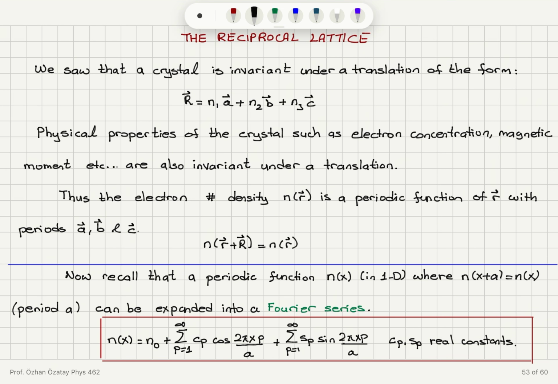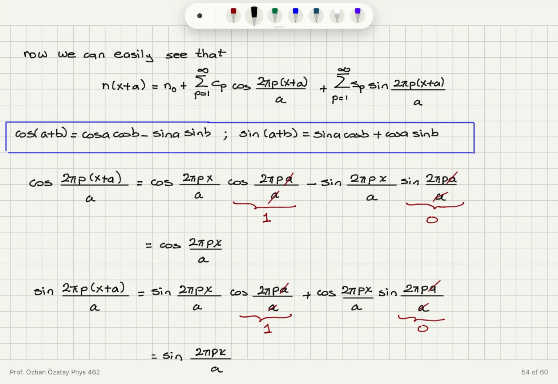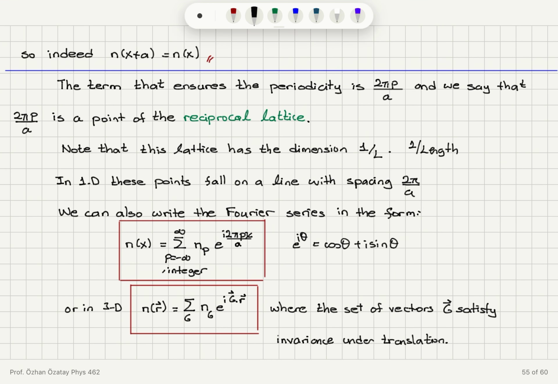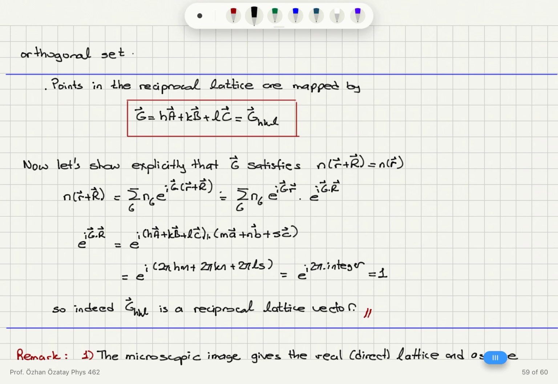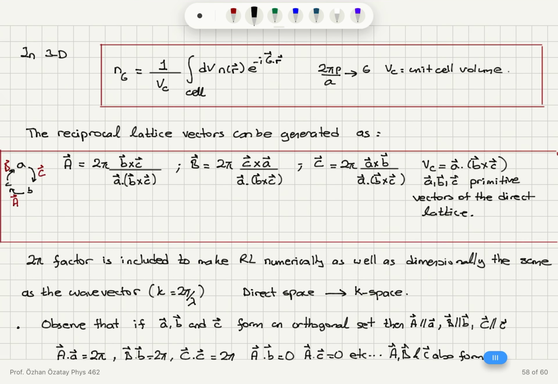If we go from the direct lattice, where we have translational invariance with the lattice translation vectors n1 a plus n2 b plus n3 c, we see that when we go to the reciprocal lattice, we have the reciprocal lattice vector G, which is HA plus KB plus LC, and we can go from the direct lattice to the reciprocal lattice using this transformation, and this is just a result of the Fourier theorem.